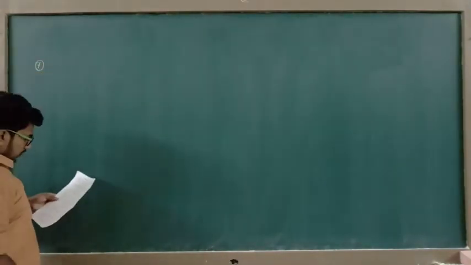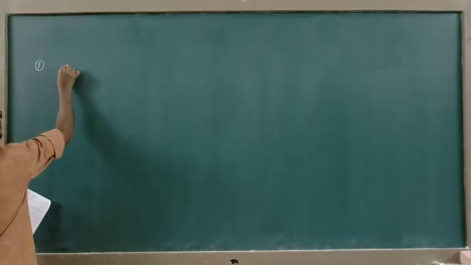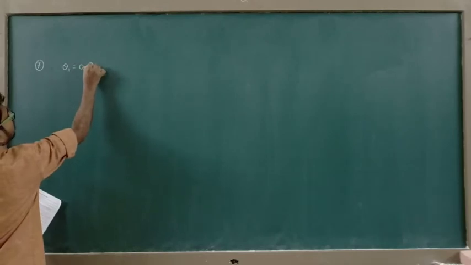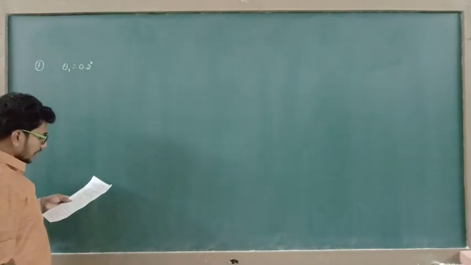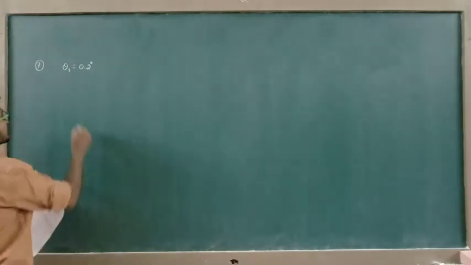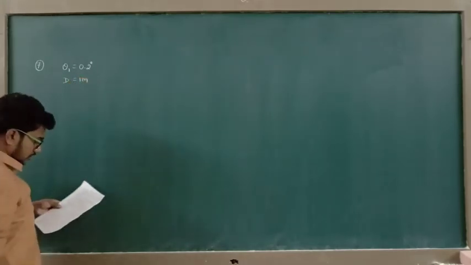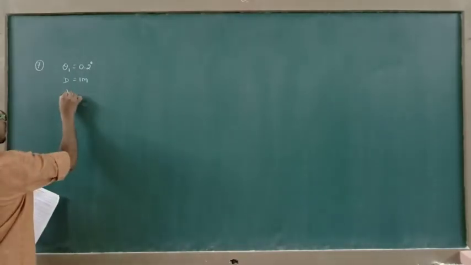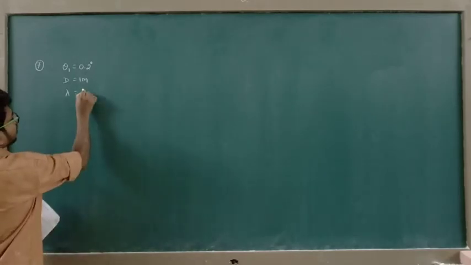Seventh one, angular width in double slit experiment. Let us take theta 1 is equal to 0.2 degree, on a screen placed 1 meter away, that means capital D. The wavelength of light used, lambda, is equal to 600 nanometer.